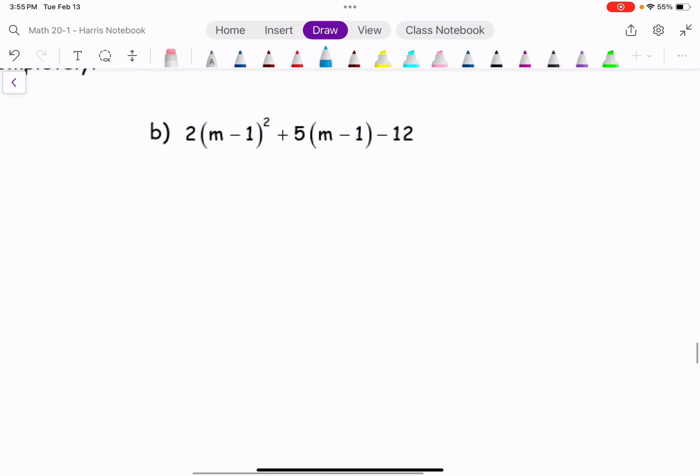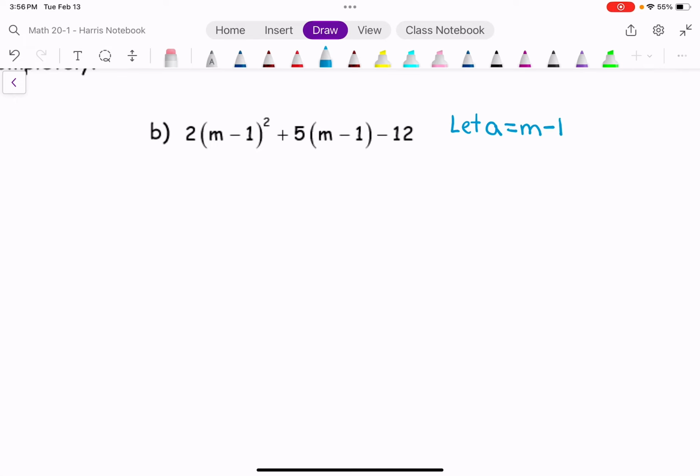Again, as long as I have a squared term, a constant, and a term with a single power, whatever I have in the brackets that are the same, I'm going to say let A equal that. You can choose whatever you want, but I'm going to say let A equal m - 1.